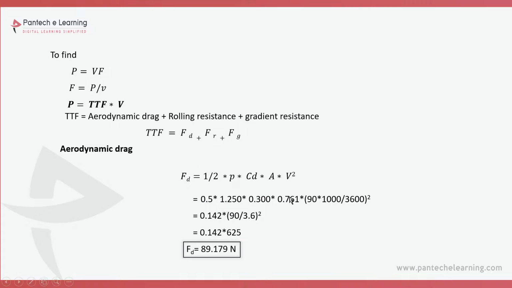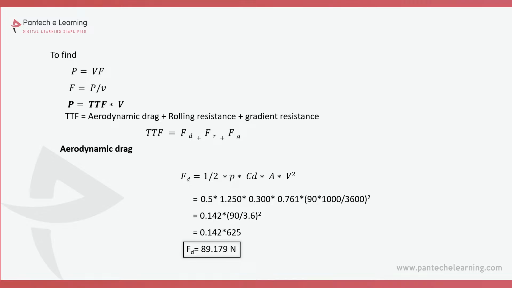So 0.5 multiplied by the values gives 0.142 into 90 divided by 3.6 whole square. Here 0.142 into 625, so we substitute and get 89.179 Newton. For this concept we have to record the force.